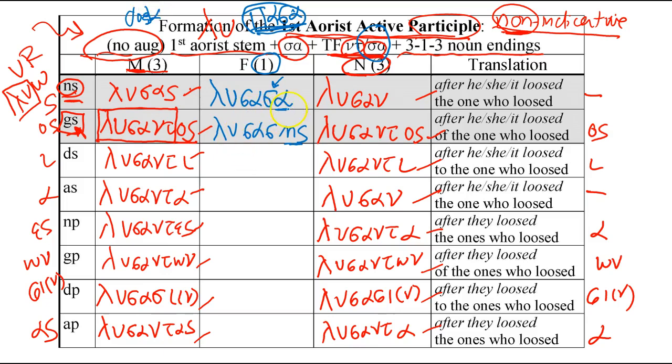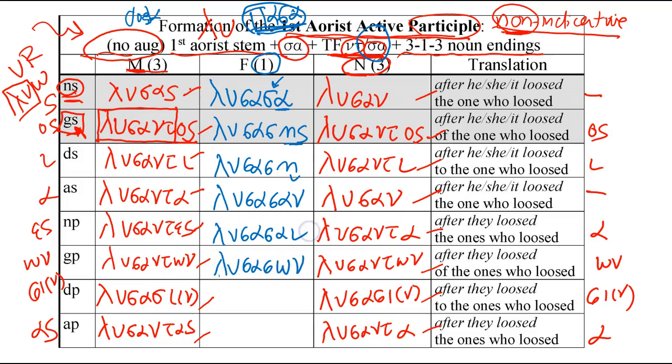So it's lusasa for the nominative singular, lusases for the genitive singular, lusase with iota subscript for the dative singular, lusasan for the accusative singular, lusasai for the nominative plural, lusason for the genitive plural, lusasais for the dative plural, and lusasas for the accusative plural.